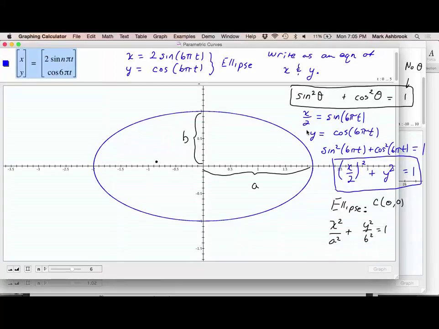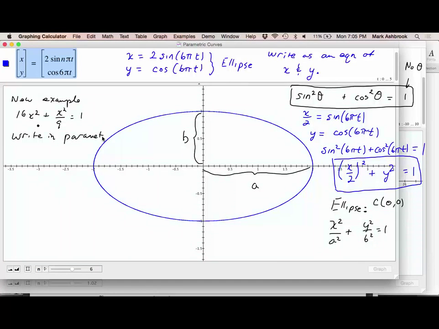Okay, new example. Here's the equation of an ellipse. Write it in parametric form.